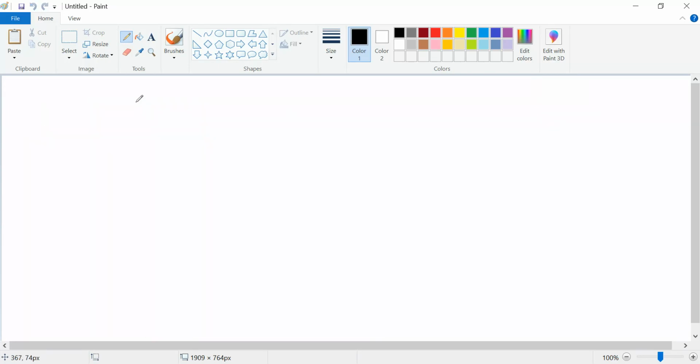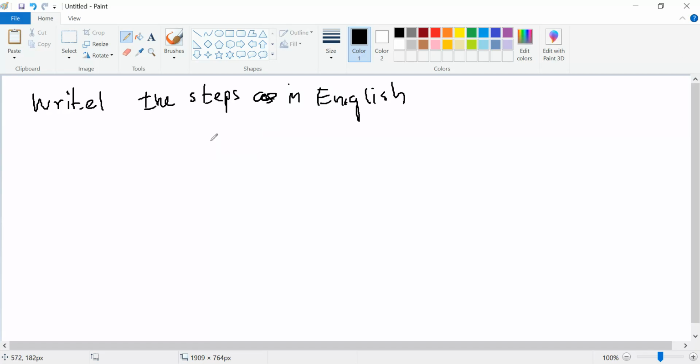But the important thing that I wanted to mention is, before you draw all these transition diagrams and all that, I suggest that you write the steps in English. I mean, without using symbols or anything, you can just write it in English. For example, I'm just showing an example.